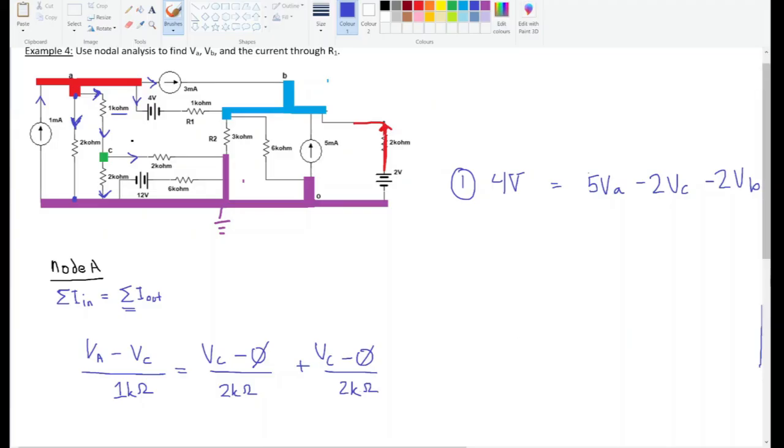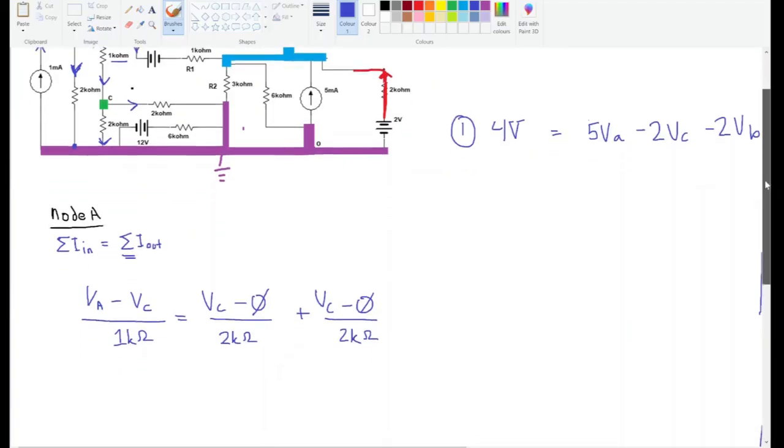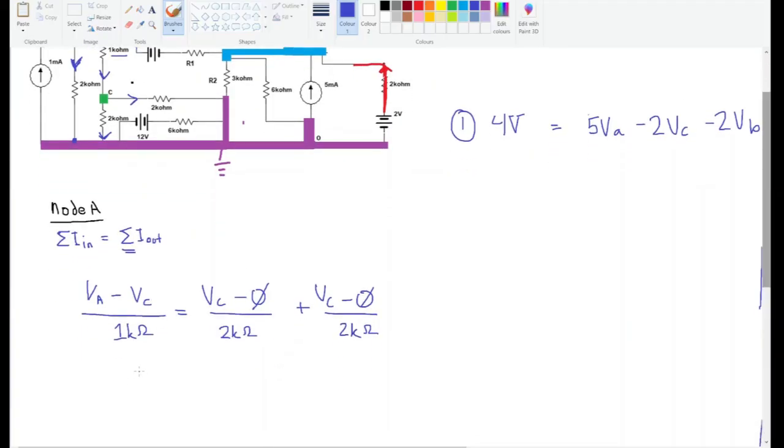Now we're going to scroll down if I can manage it. Okay, so we'll multiply everything by 2 kilo ohms. That'll make our equation a little bit easier. So that'll be 2VA minus 2VC is equal to VC plus VC.